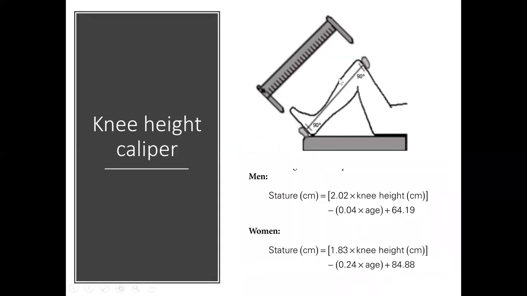If the patient cannot stand up, like he is bedridden and has some problems, we can measure the knee height caliber, enter it into a certain formula, and estimate the stature or the length of that patient, and then use it to calculate the body mass index of that patient.